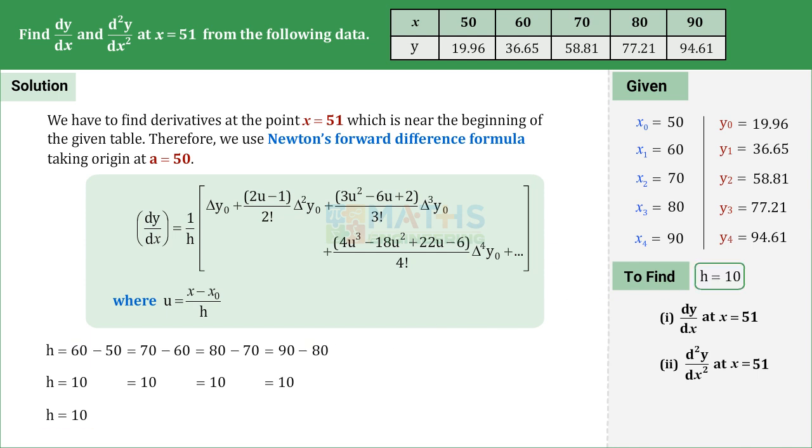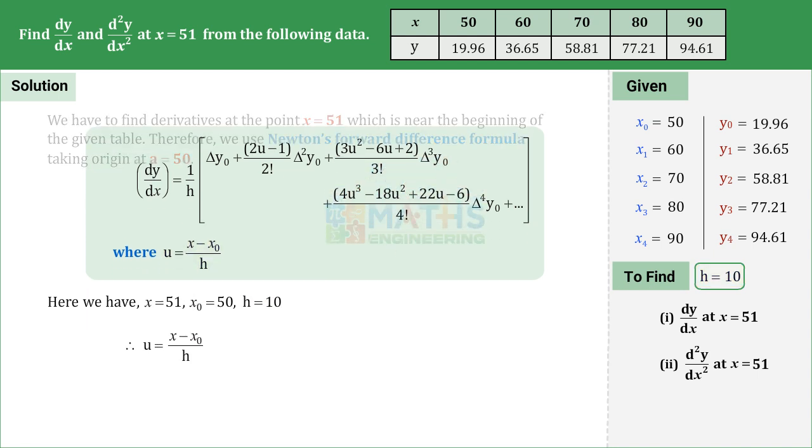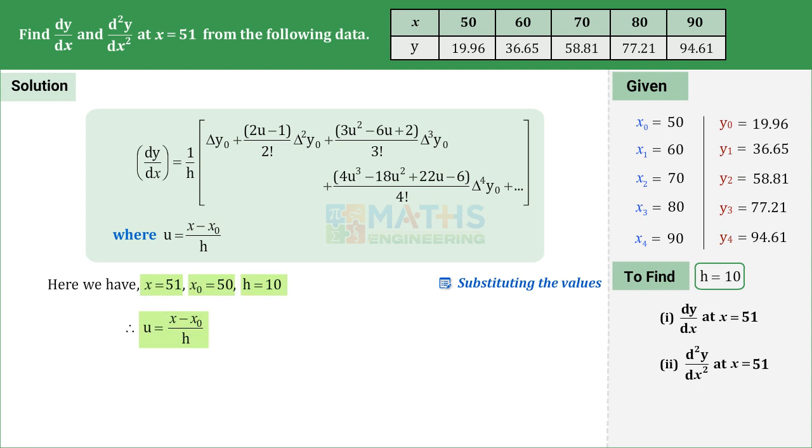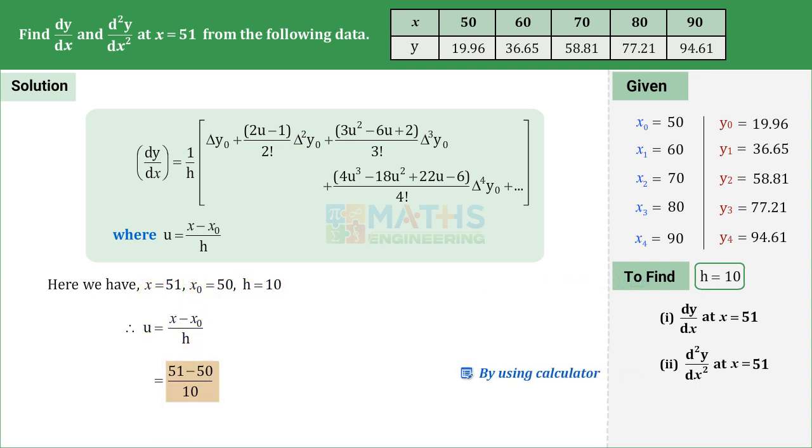So that h is equal to 10. We start with the formula. Here x is equal to xn, that is x is equal to 51. x0 value is 50 and h is equal to 10. Find u. U is equal to 0.1.